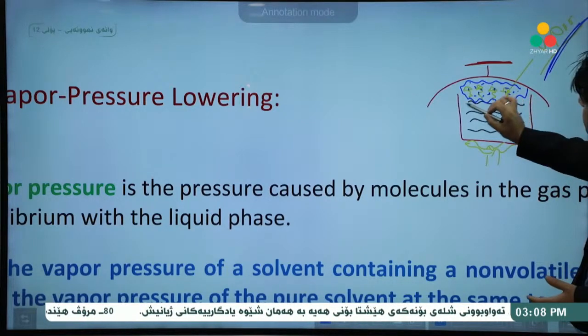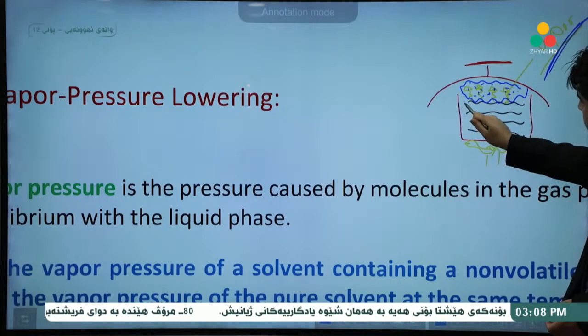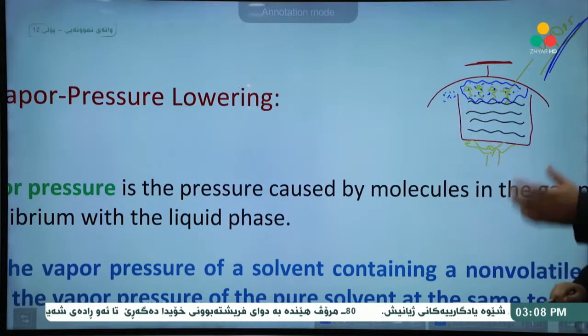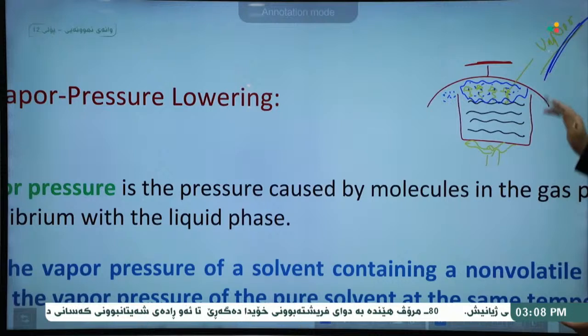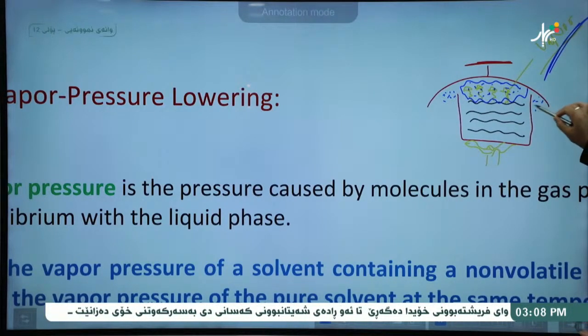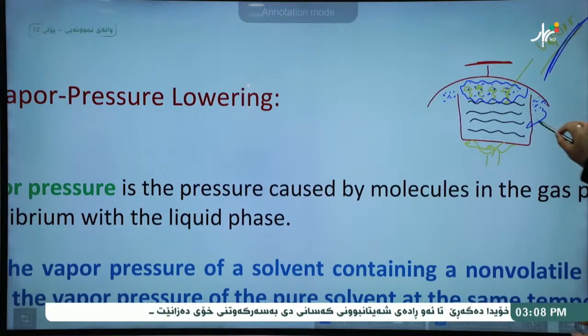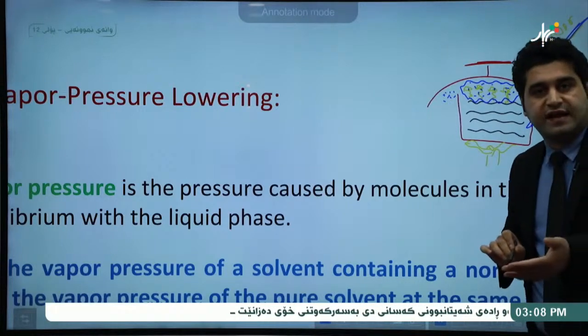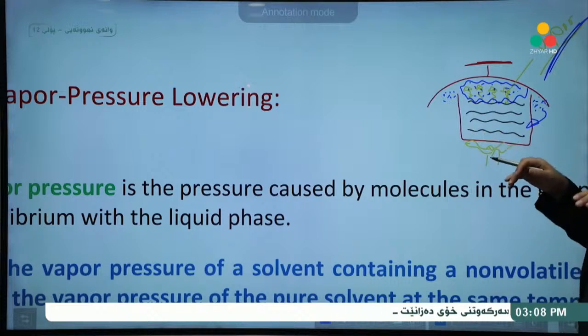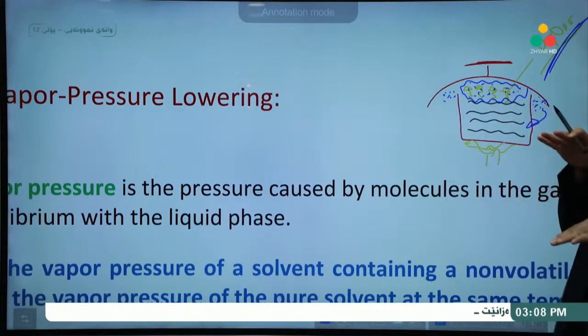In that case, for example, if 10 molecules of the solvent become new vapor, then in contrast 10 molecules in the vapor become liquid again. So there will be an equilibrium between the vapor and the liquid, gas and liquid.